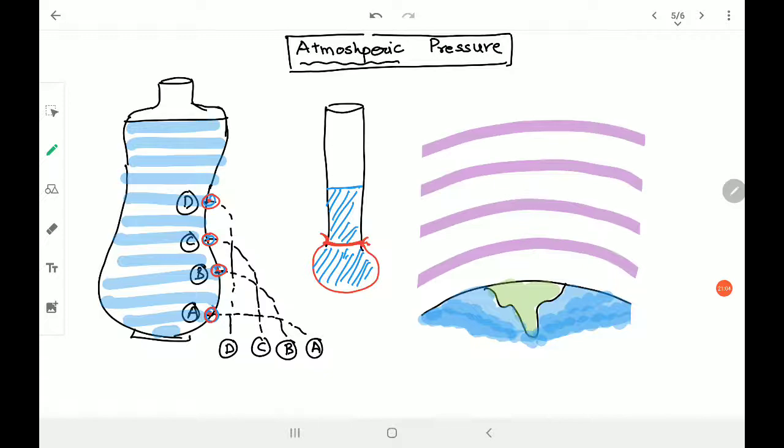And what I observed is, from point A, the pressure is more. From point B, its pressure is less than A. From point C, the pressure of the water coming out is less than B. And from D, it is less than all of those. It is the lowest.